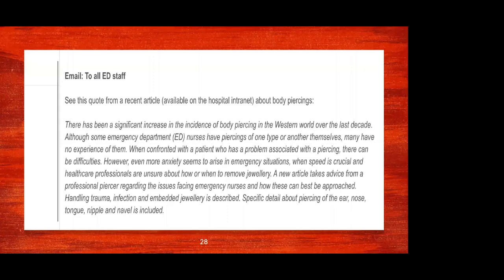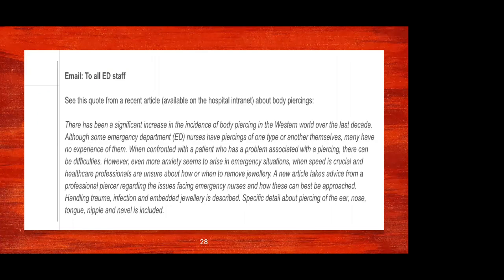However, even more anxiety seems to arise in emergency situations when speed is crucial and healthcare professionals are unsure about how or when to remove jewelry. A new article takes advice from a professional piercer regarding the issues facing emergency nurses and how these can best be approached. Handling trauma, infection, and embedded jewelry is described. Specific detail about piercing of the ear, nose, tongue, nipple, and navel is included.